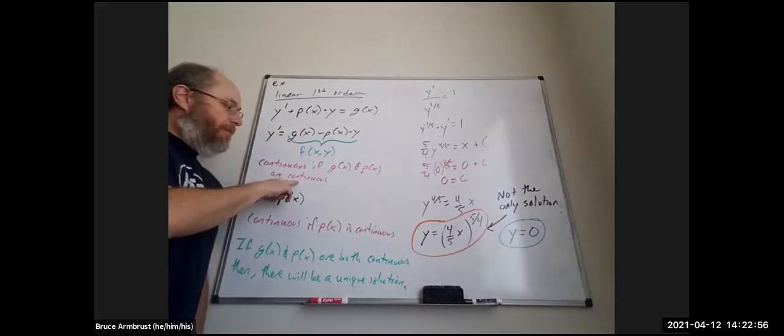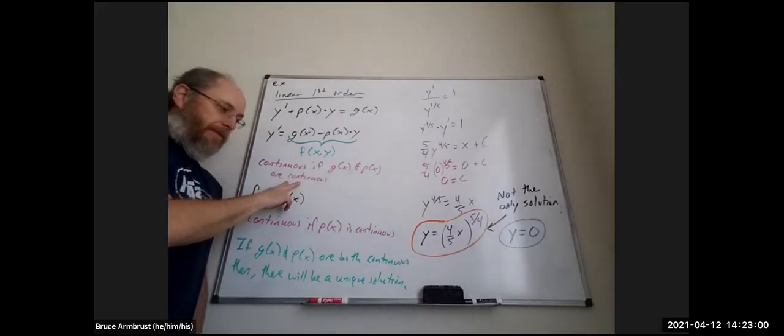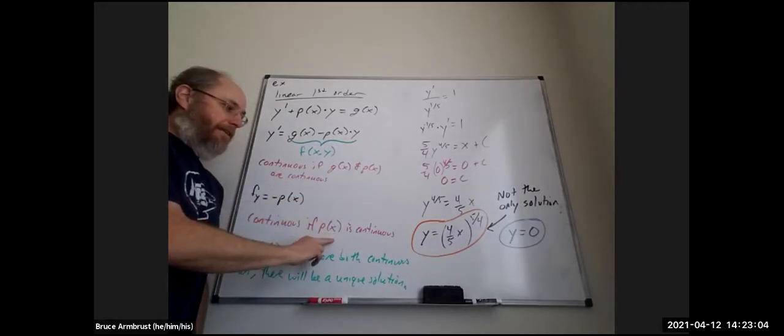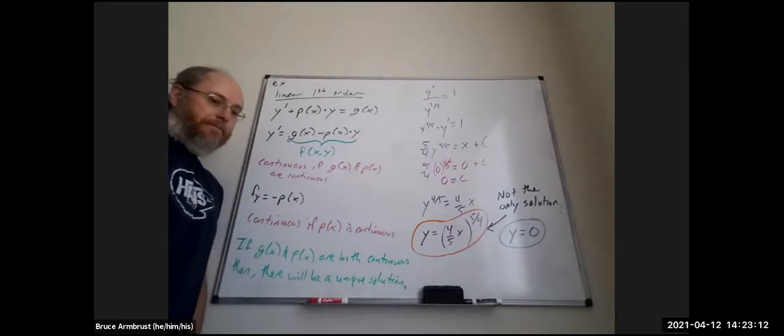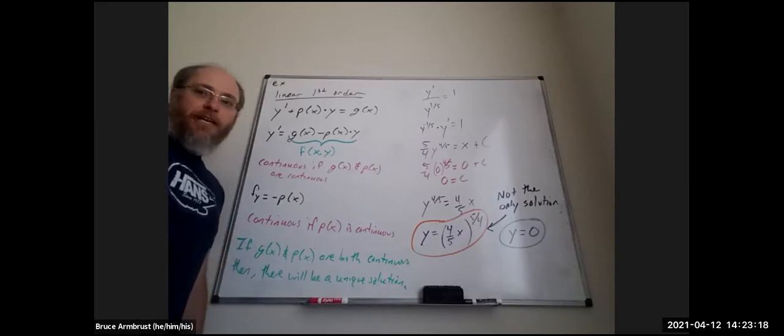Notice how the first part said we were guaranteed a solution. But I know that it's guaranteed to be unique because the condition for unique was the same as one of the two conditions for existence. So linear first order are actually kind of nice.